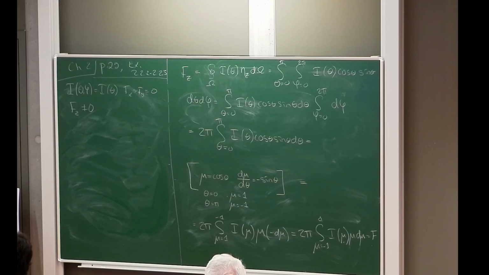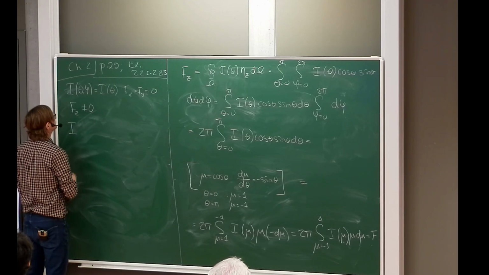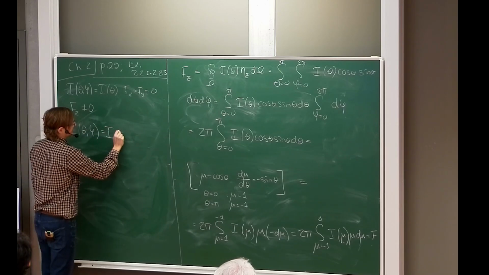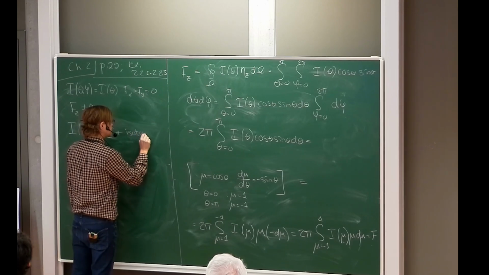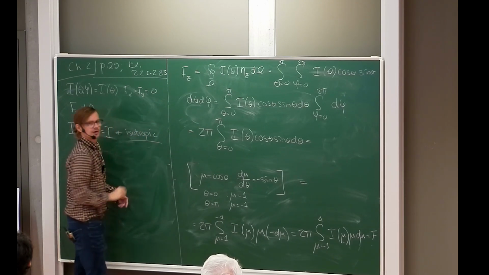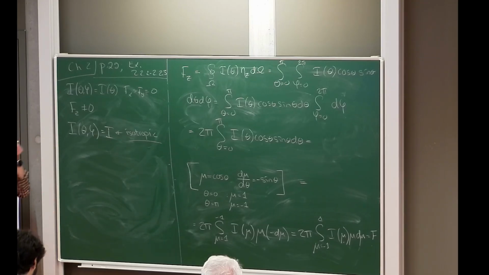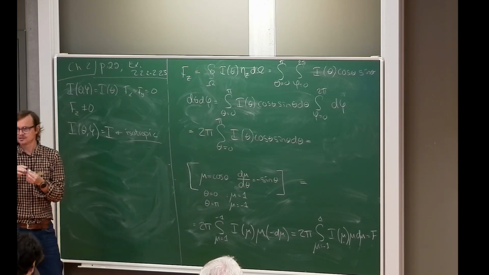Okay? What if now I of theta is just I? That is, it is isotropic. And this is what I was referring to now. Your pencils of radiation in some direction there, there, and there is actually not dependent on direction.